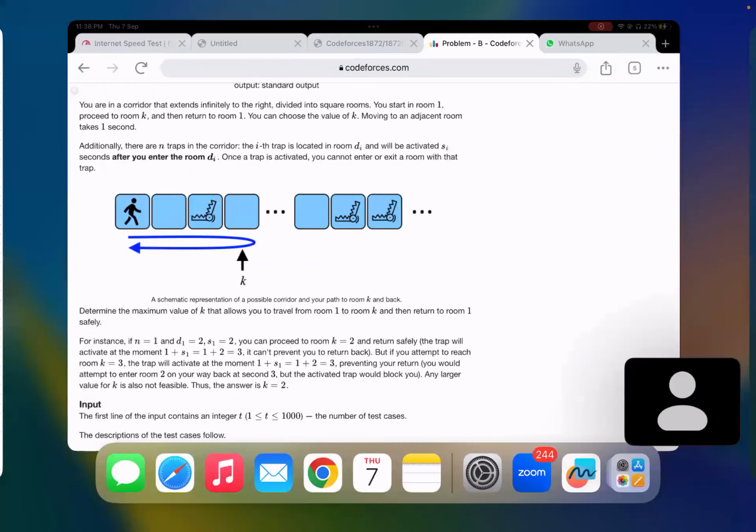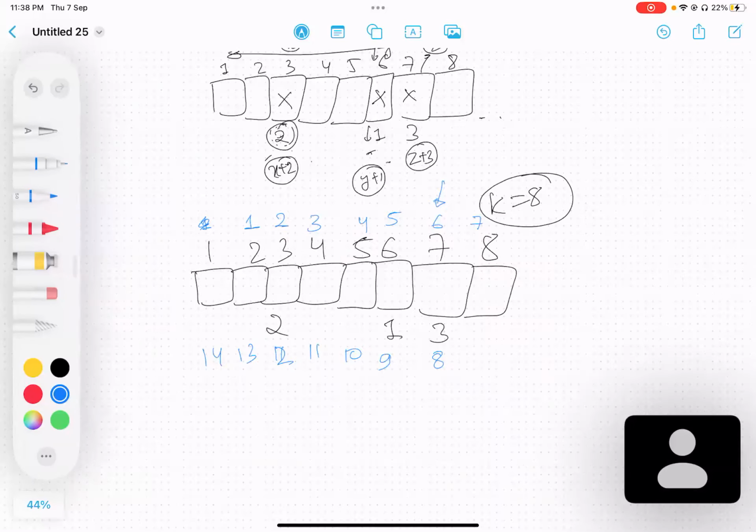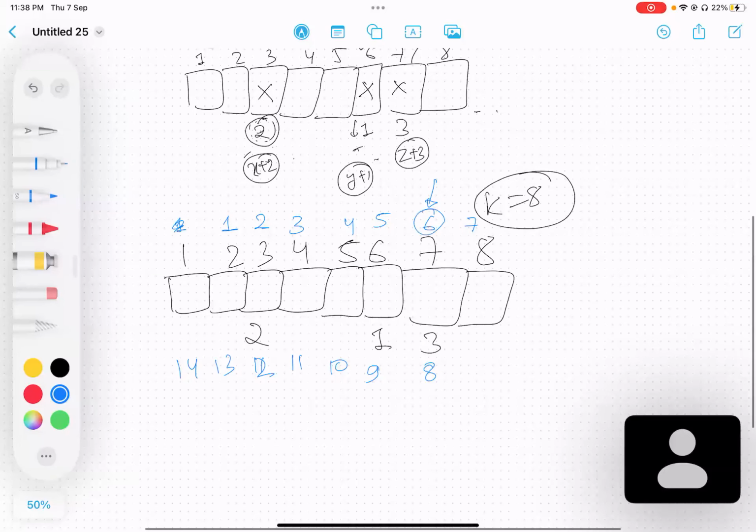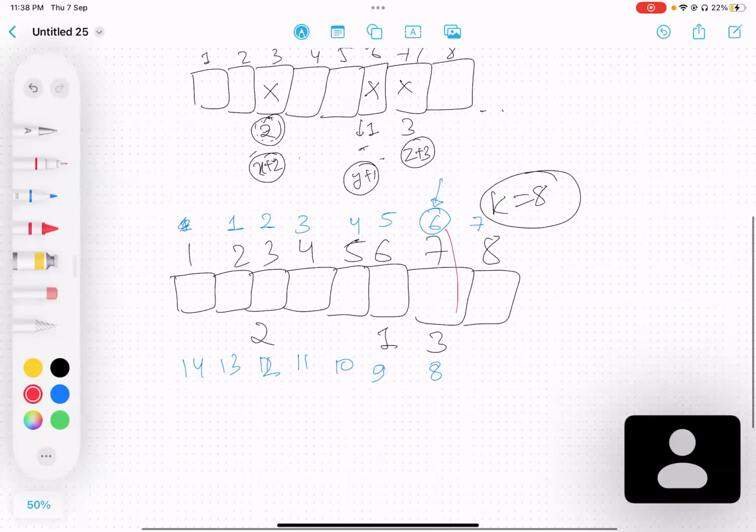So what the question is saying, you entered room 7 for the first time at 6, right? So now you cannot enter back on or after 9. So here we have reached at 8, right? So it's okay. But the trap will get activated at 9. What? 6 plus 3.